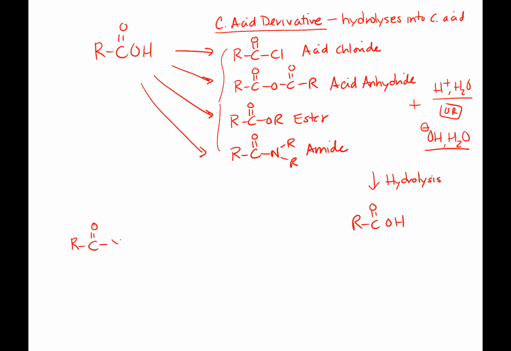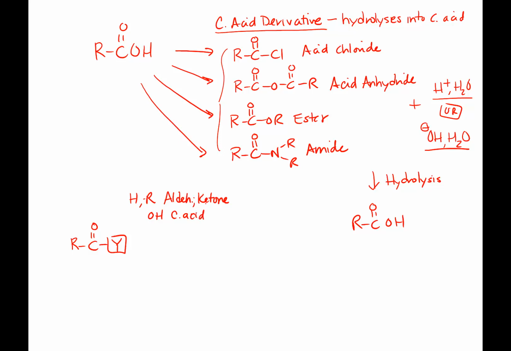And so if we look at the idea of making the group that's attached to the carbonyl group a Y group, and that Y group could be an H or an R group in the case of an aldehyde or a ketone. Or it can be an OH group if it's just simply a carboxylic acid.